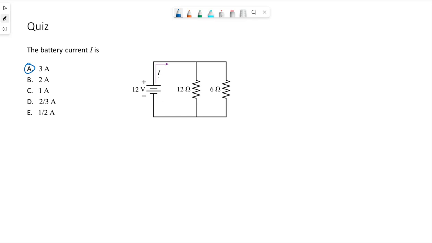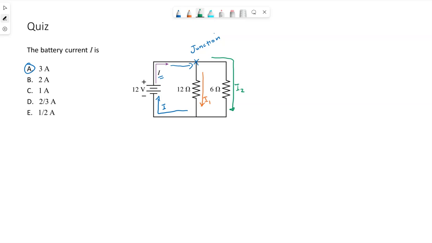This battery current that's labeled is both coming out of the battery and coming back in. But as it continues and reaches this junction, it's going to split. Some of the current will come through the 12 ohm resistor, and some of the current will come down through this 6 ohm resistor.